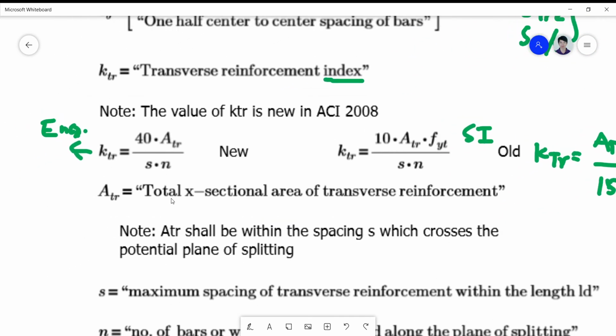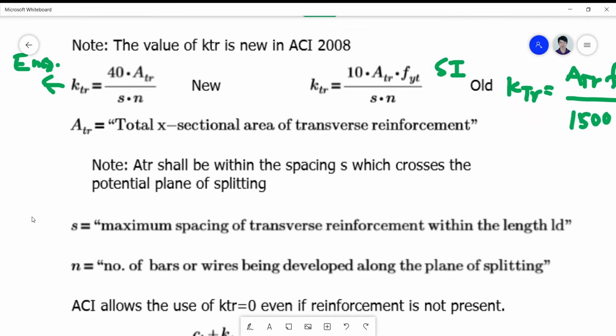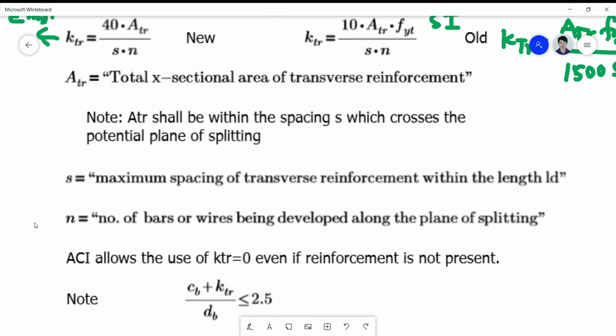So your Atr is the total cross-sectional area of the transverse reinforcement. Take note that Atr shall be within the spacing s and crosses the potential plane of splitting. I will show you what's meant by the potential plane of splitting when we solve the problem. s is the maximum transverse reinforcement spacing within the length ld, and n is the number of wires or bars being developed along the plane of splitting.